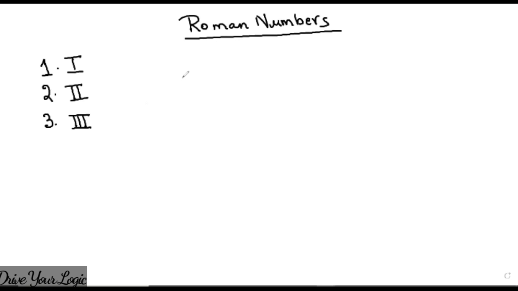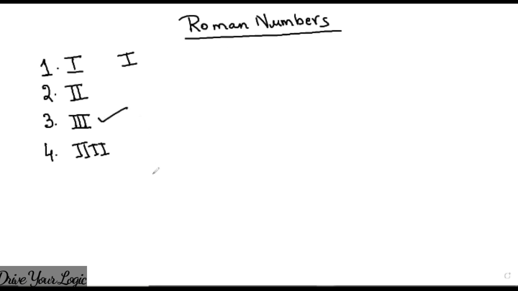See, in Roman numbers there are a few rules. The first rule is that we cannot repeat the same symbol. For example, 1, 2, 3. Now when I write 4, I can't write it in this way. This symbol you can't use more than 3 times.